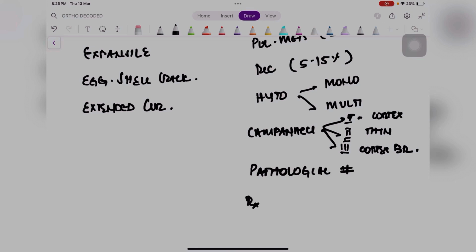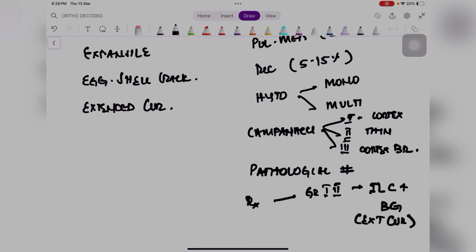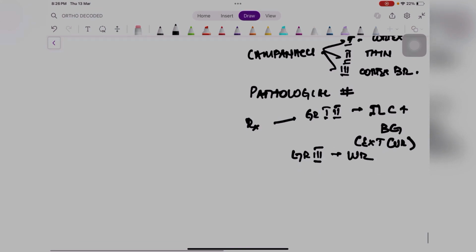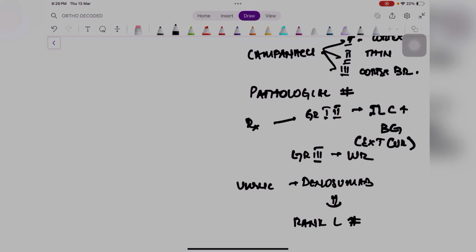Coming to the treatment options, for grade 1 and grade 2, you can proceed with intralesional curettage plus bone grafting or extended curettage. For grade 3, you can go for wide resection. For unresectable cases, you can start the patient on denosumab. Denosumab is nothing but a RANK ligand inhibitor, which will inhibit your osteoclasts.